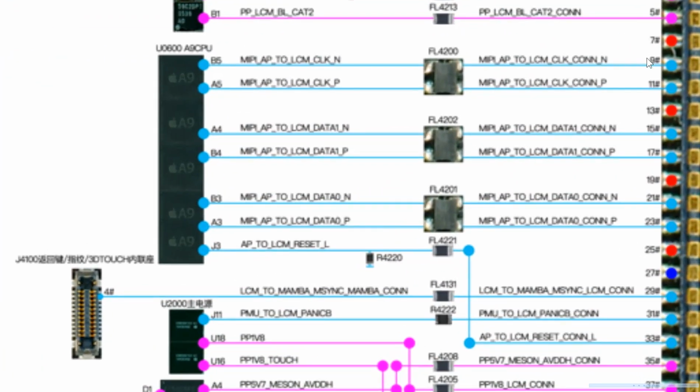As you can see here, number 9, 11, 15, 17, 22 and 23, those lines connect to the CPU.